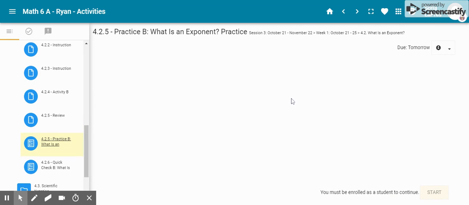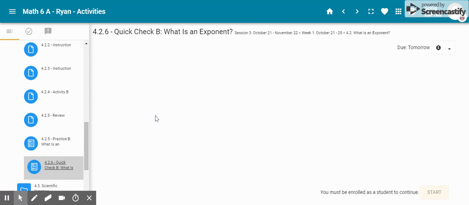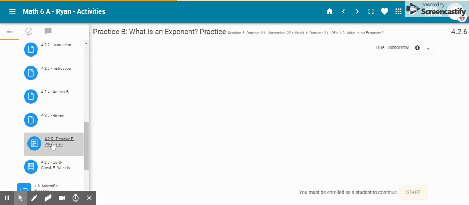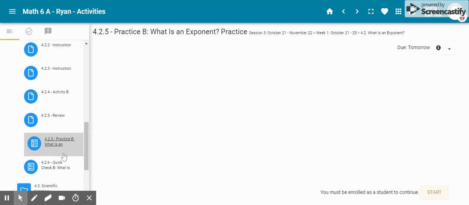So you have, I believe, 3 questions to practice your skills with what is an exponent, and then take your quick check, which is also either 3 or 4 questions. If you would like, you can do the practice with a partner. So if you want to reach out to someone to do this together, you are more than welcome to do that together, or actually any of these steps above.